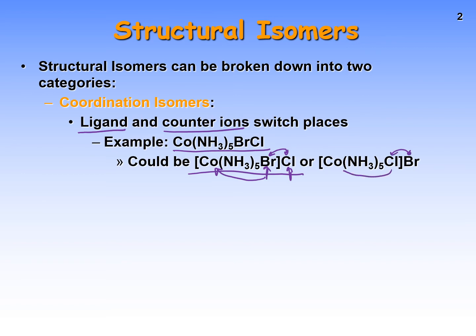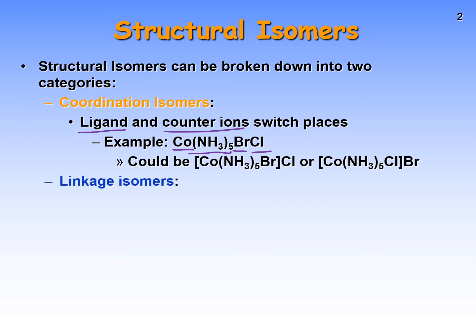Now the Cl is attached to the cobalt via a coordinate covalent bond, and the Br is attached via ionic. So these are two different compounds. They are very different from each other, but they are, as far as what's present in the compound, the same. Both of these have 5 NH3s, 1 Br, and 1 Cl. They both have 1 cobalt.